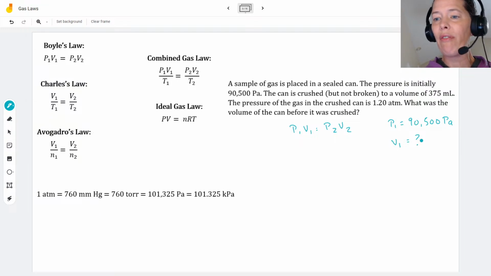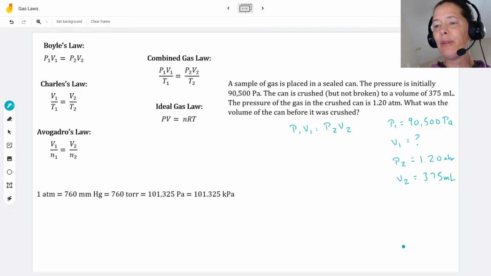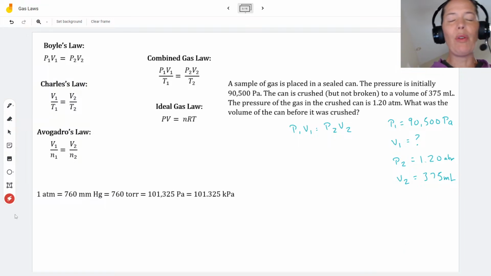That's what I'm going to try and find. My P2, or my final pressure, is 1.20 atmosphere, and my final volume, or my V2, is 375 milliliters.